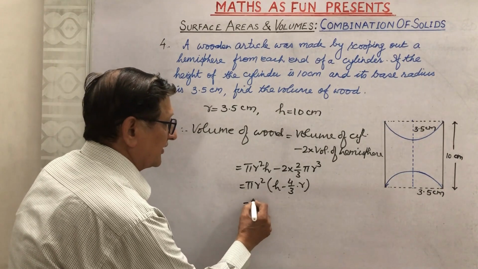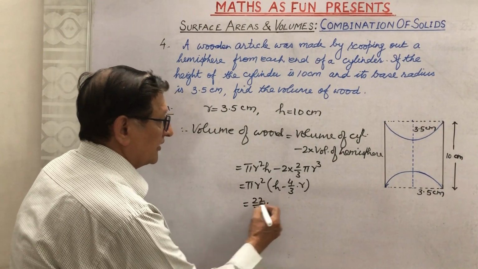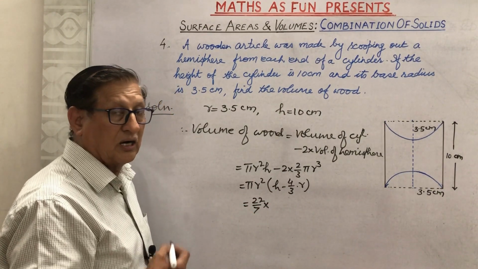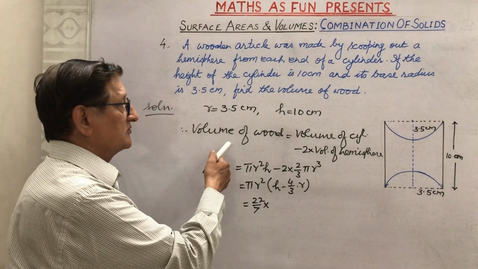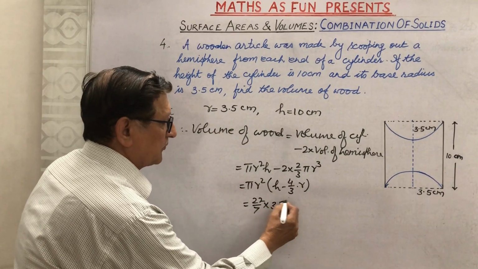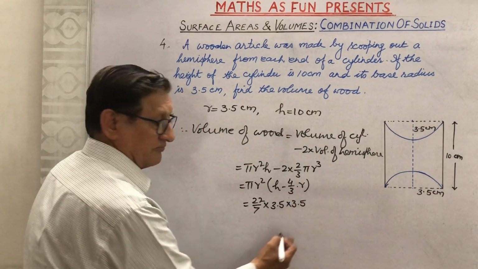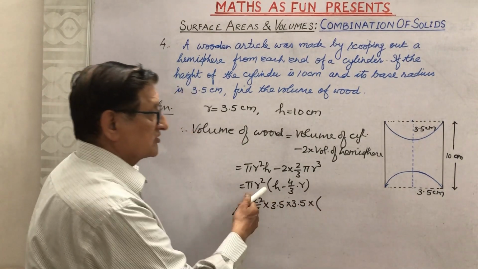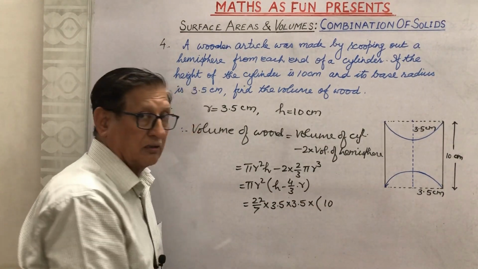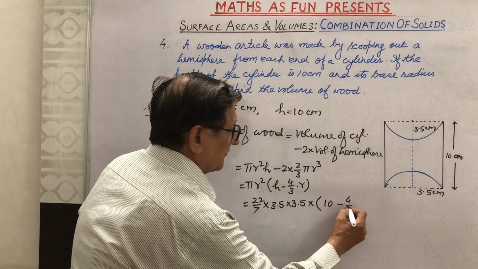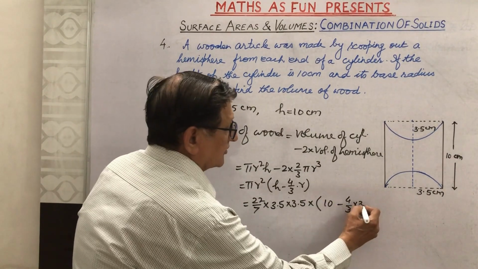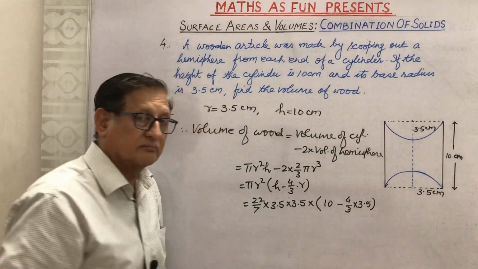Substituting the values we get 22 by 7 into r. R is 3.5, 3.5 into 3.5 into h, h is 10 minus 4 by 3 into r, that is 3.5.